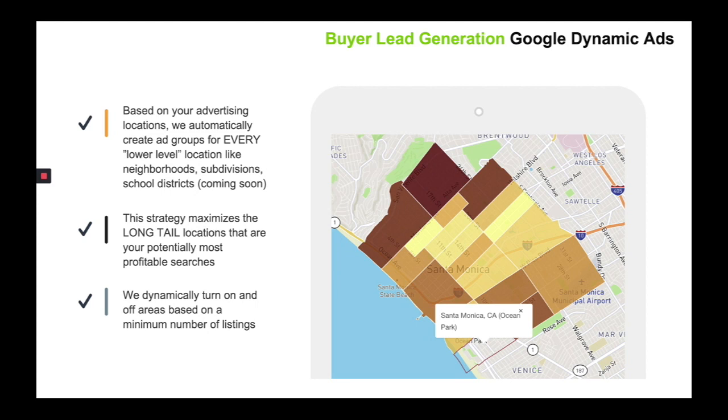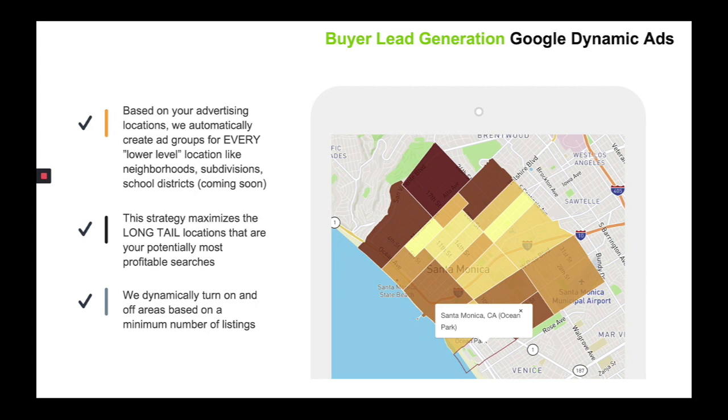What we are doing is, when you give us a location like Santa Monica, we are automatically using geomapping data, figuring out every sub-location within that city that has potential search traffic. We're going to create a separate campaign or keyword, whatever we're creating, for each one of those locations.